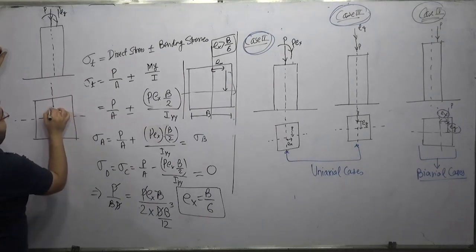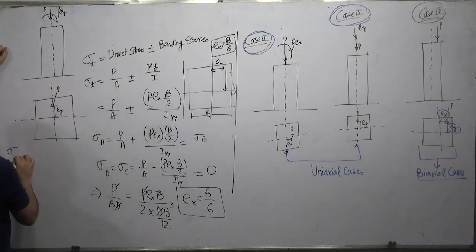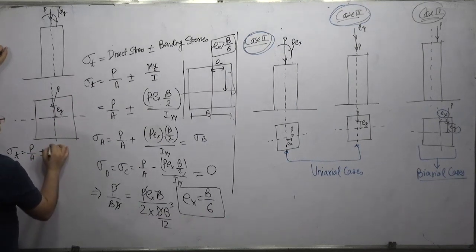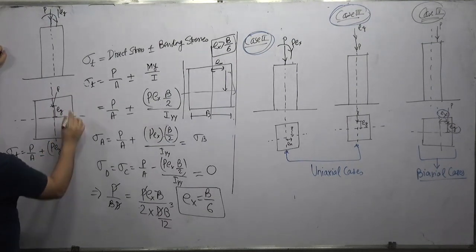So it is acting at an eccentricity of Ey, and the load is acting here at this point P. So again, sigma total will be equal to P by A plus minus P into Ey into Y. Now Y will be equal to D by 2.